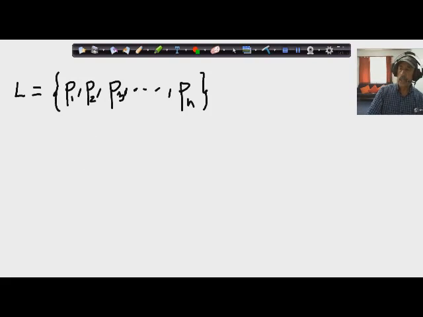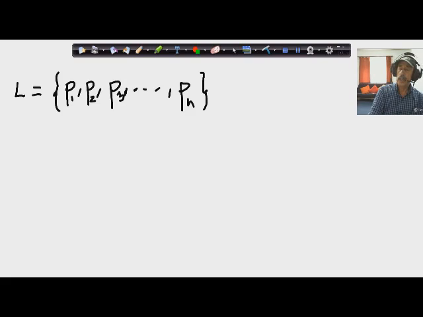Let's now look at the core of Euclid's argument. We will show that any finite list of primes is not complete. Every time we have a finite list of primes, we can always find a new prime not contained in the list.